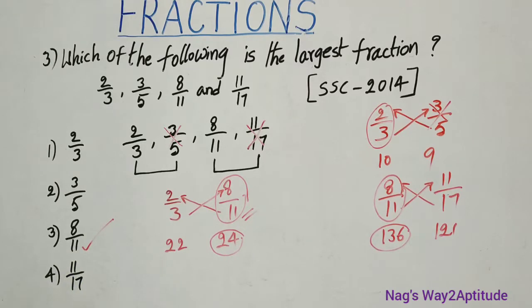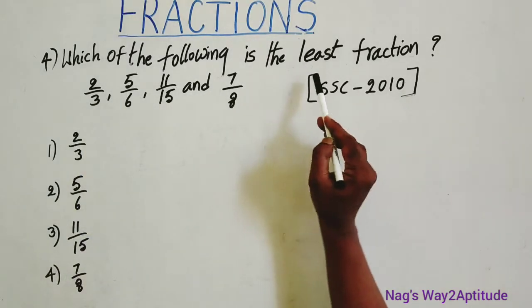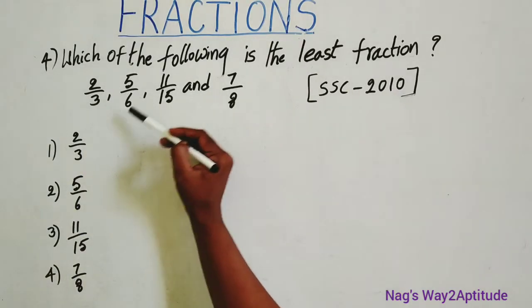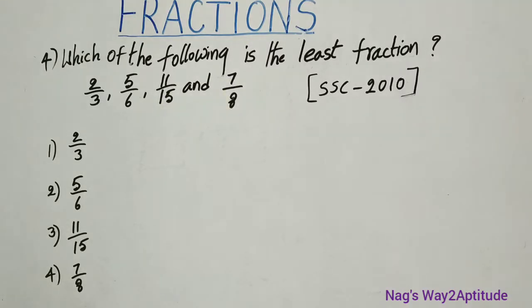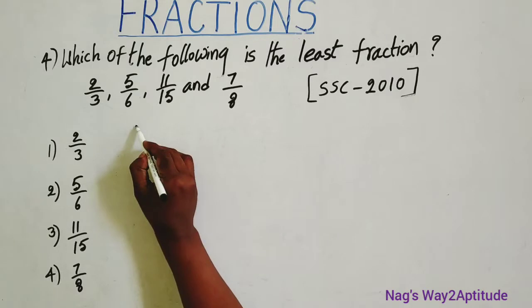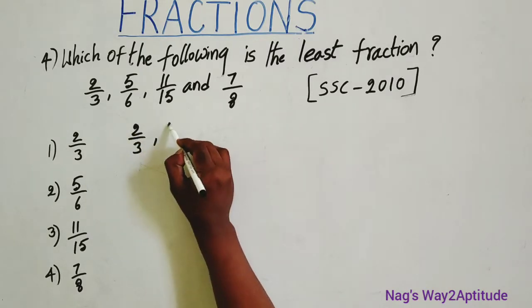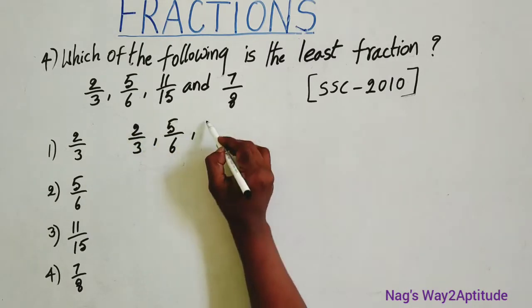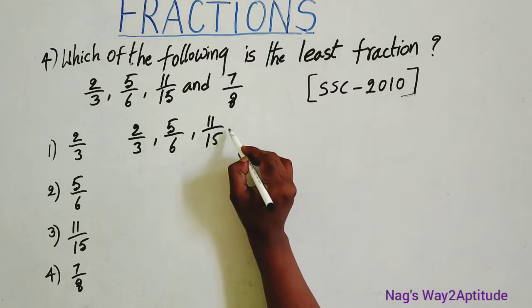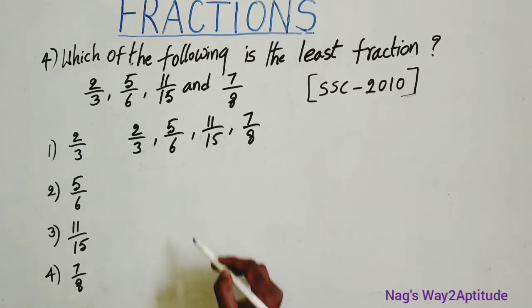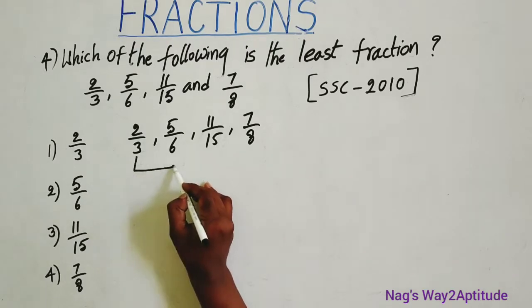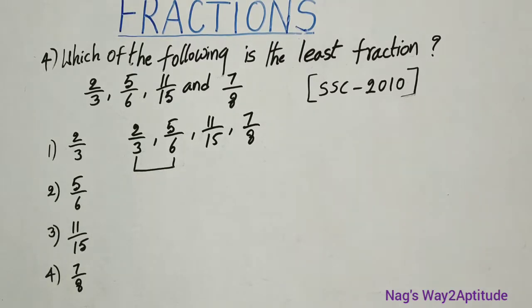Now let's go to another one. Which of the following is the least fraction? 2 by 3, 5 by 6, 11 by 15 and 7 by 8. Here the given fractions are 2 by 3, 5 by 6, 11 by 15 and 7 by 8. So just like in the previous two problems, first compare these two, 2 by 3 and 5 by 6.